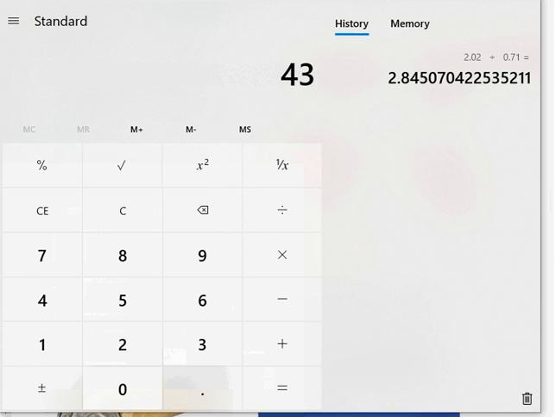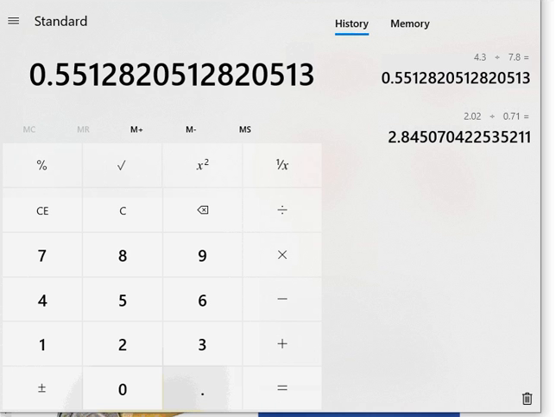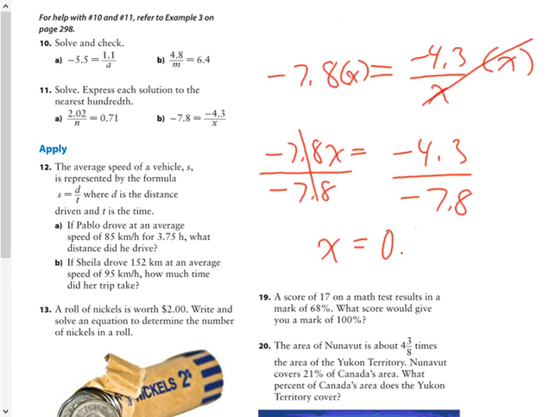That equals, rounded to the nearest hundredth, 0.55. So X equals approximately 0.55.